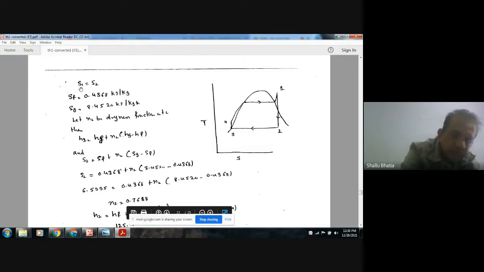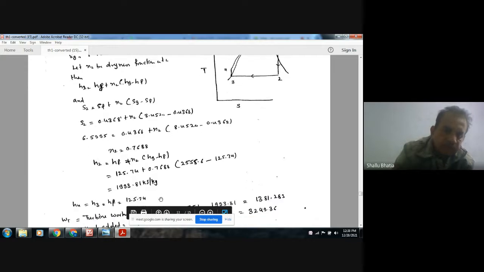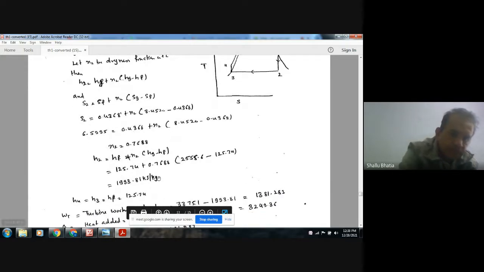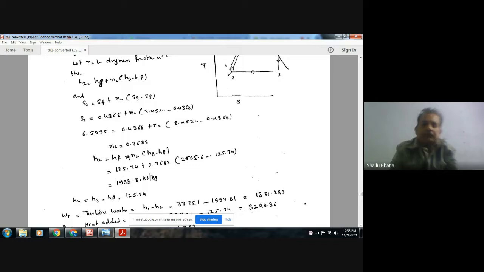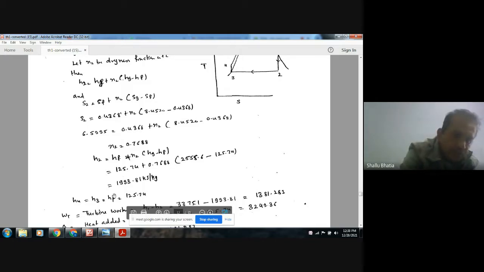From this we can find X2, and once X2 is found, we can calculate H2. H3 is Hf at 30 degrees Celsius, and since we neglect the pump work, H4 is equal to H3 is equal to Hf.